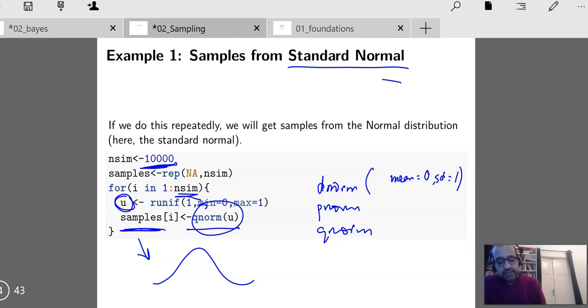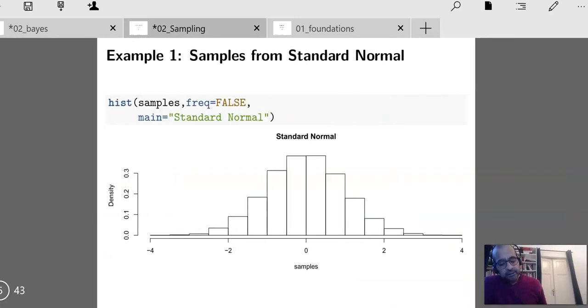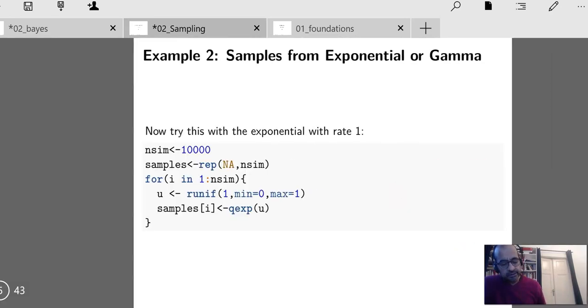So that's why I'm getting samples from the standard normal here, okay? All right, so if I draw a histogram of that vector of 10,000 values, I indeed get a normal distribution with mean 0 and standard deviation 1.